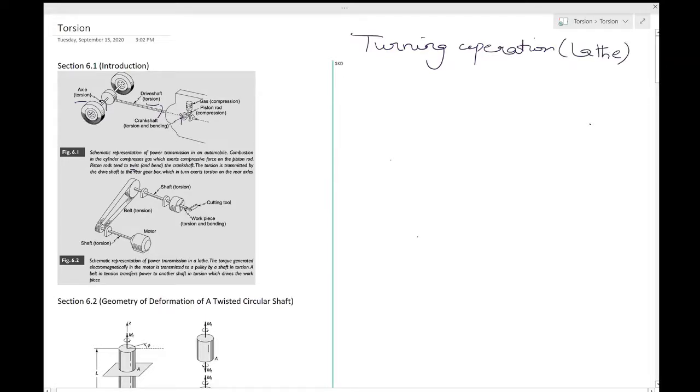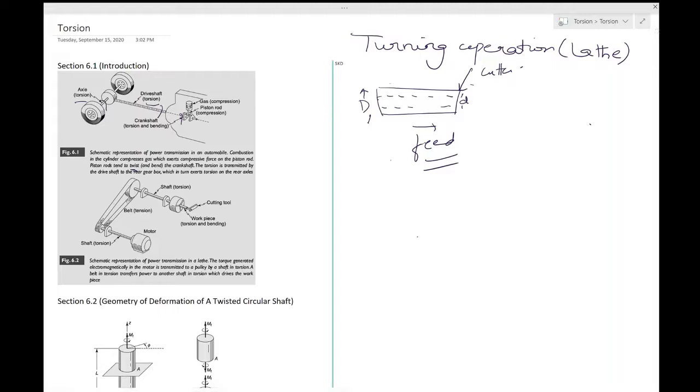Okay, so what this does is that if you have a specimen, say of this cylindrical diameter D, and you want to eventually have a specimen of smaller diameter d, either full or in part, you put it near the cutting tool, and then you give something which is called a feed, and then you would eventually have this turning operation.